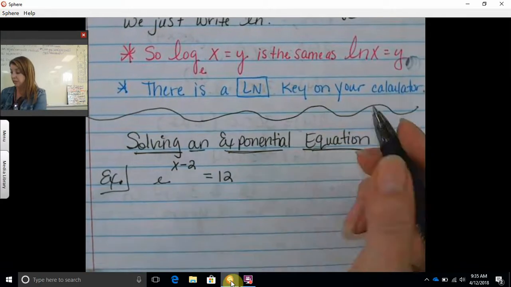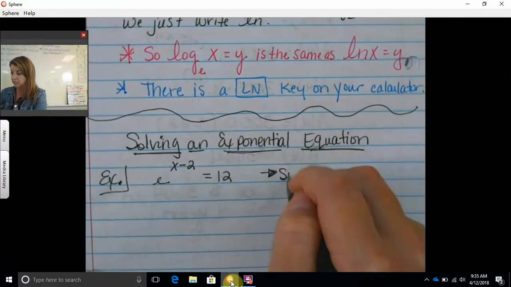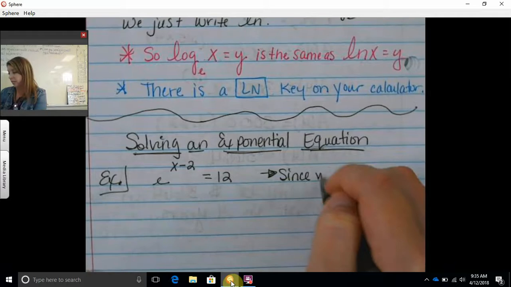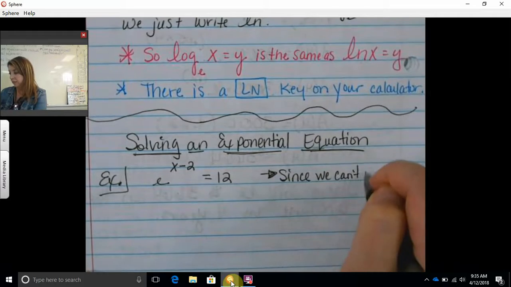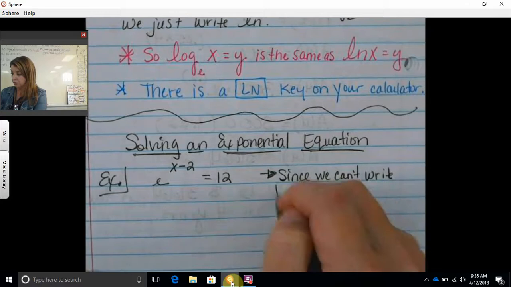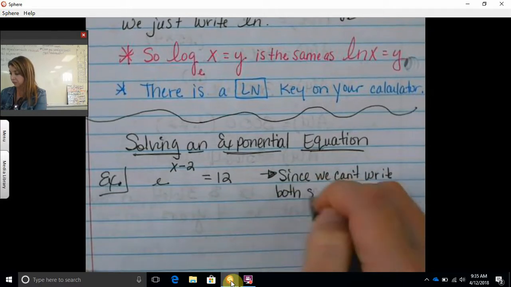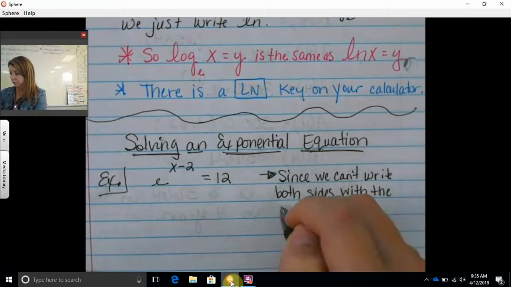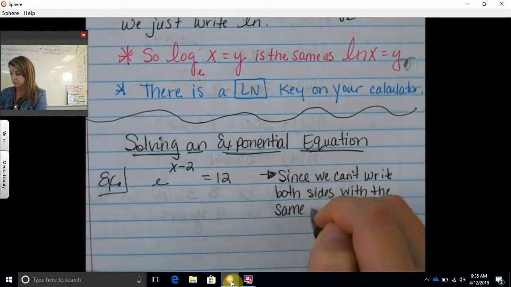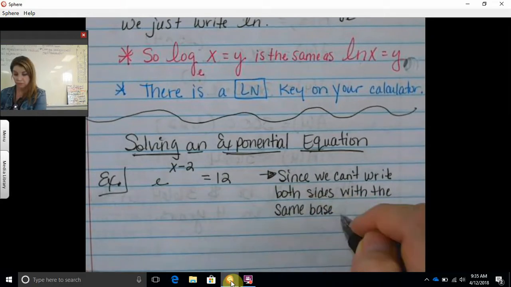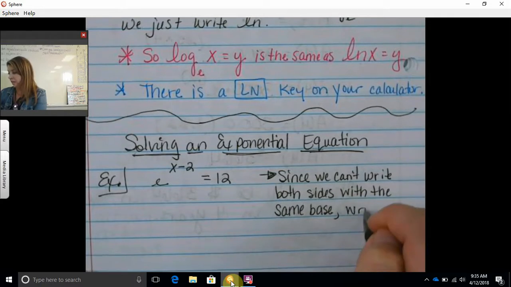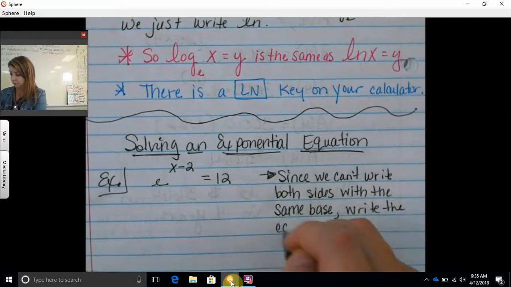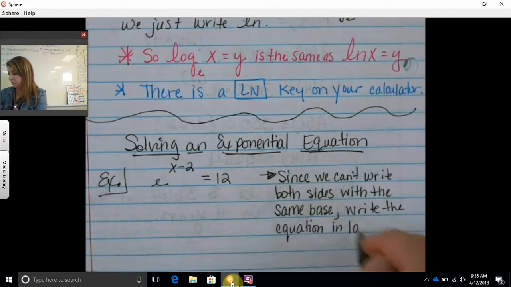So, of course, we're going to make a note of that. Since we can't write both sides with the same base, write the equation in logarithmic form.